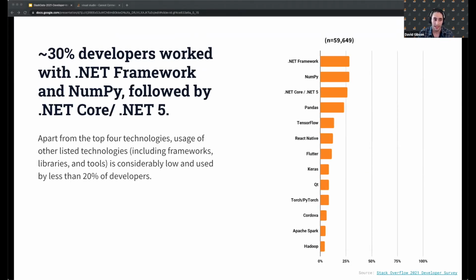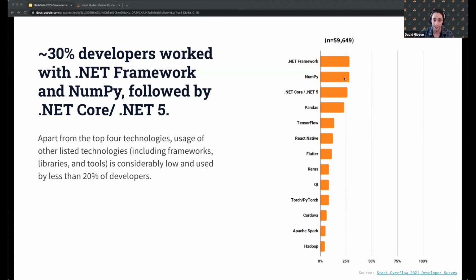We also see a large amount of developers using data-related technologies. So although we only saw 5 to 6% of data-related professionals, so data scientists, data engineers, or data analysts, we see that data libraries are used by many developers.